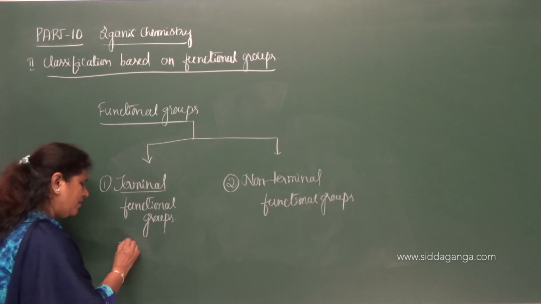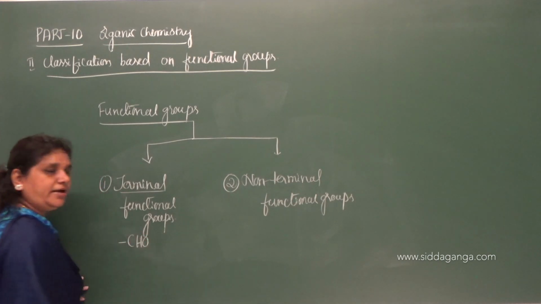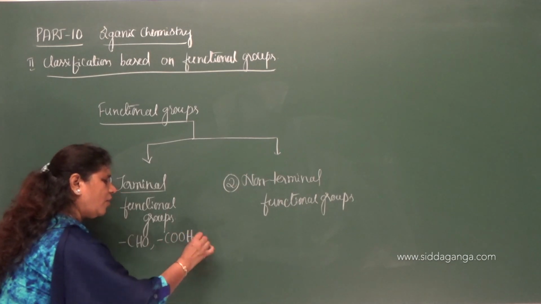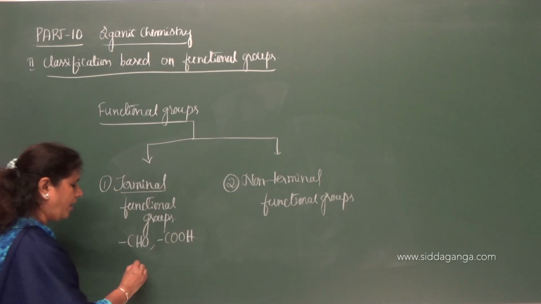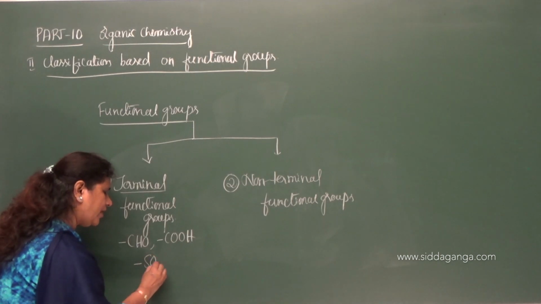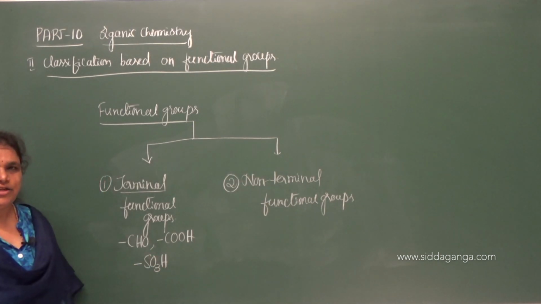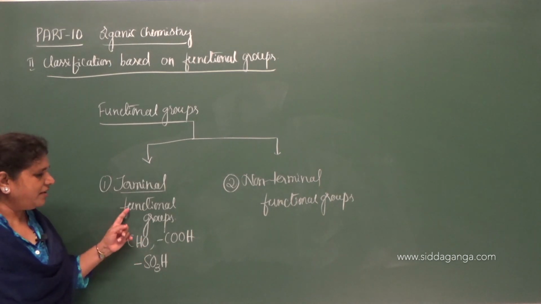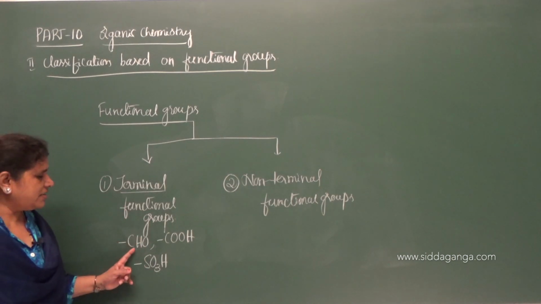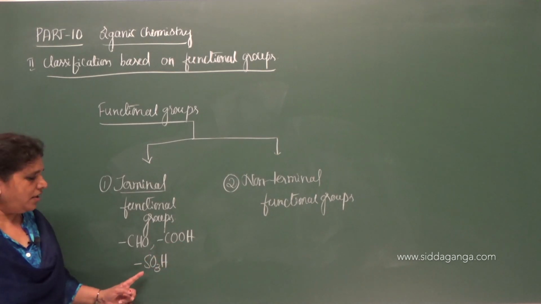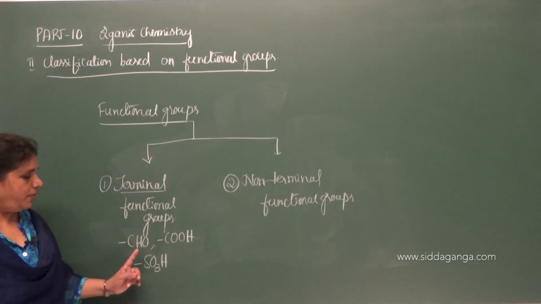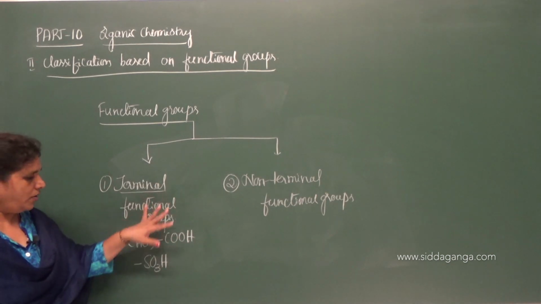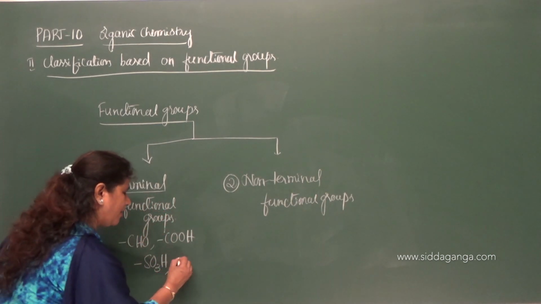For example, CHO, aldehyde group, COOH, carboxylic acid group, and SO3H, sulfonic acid group. So these are some examples for terminal functional groups. All these are present at the end of the carbon chain.